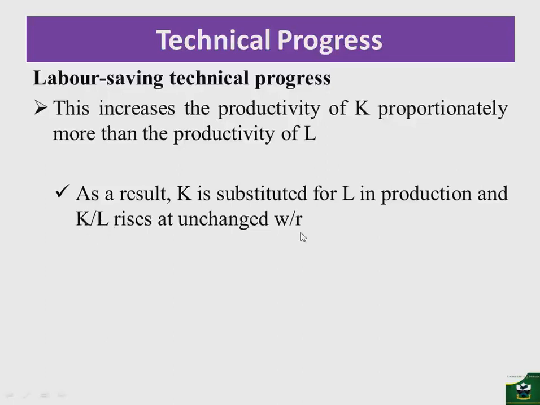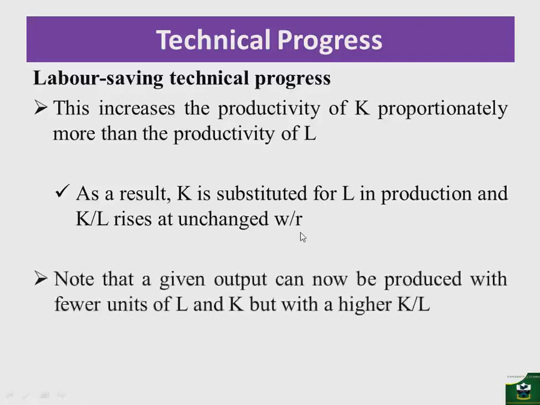The relative factor prices are constant. And with that, we note that a given output can now be produced with fewer units of labor and capital, but with a higher capital labor ratio. So as such, we will notice that in as much as we are increasing the amount of capital and reducing the amount of labor, the actual amounts that will be used, the productivity specifically, will be different.